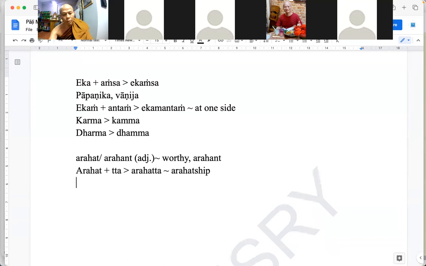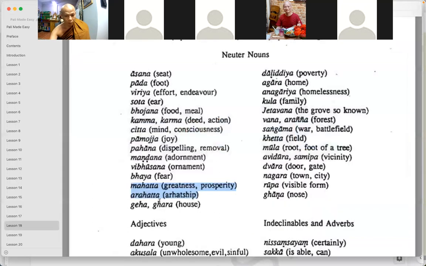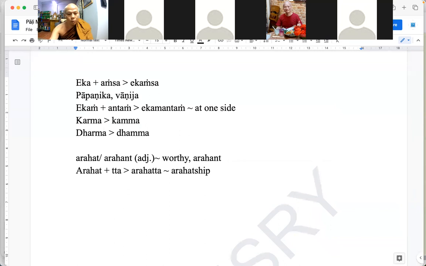The same way, the next one also. You see mahatta, greatness or prosperity, actually greatness. That one is also from mahat or mahant, an adjective meaning great. But to that mahat, by adding the -ta form, we have mahatta.